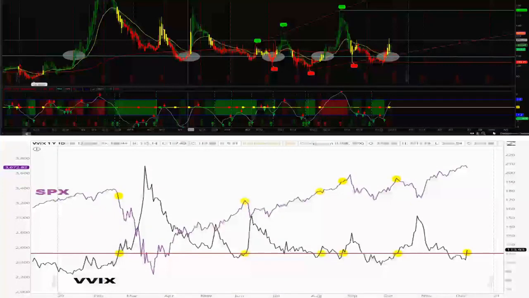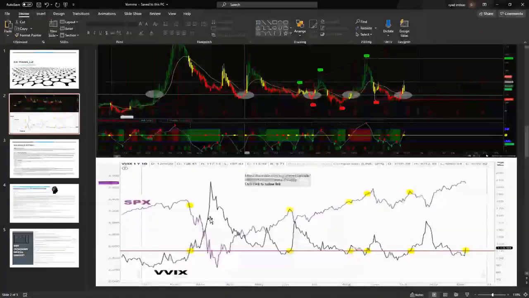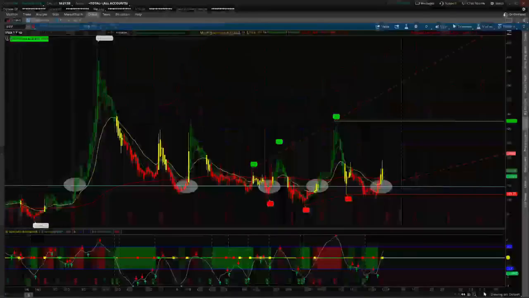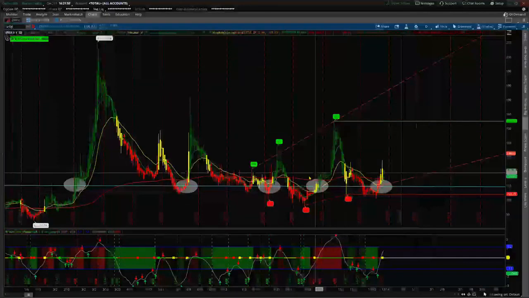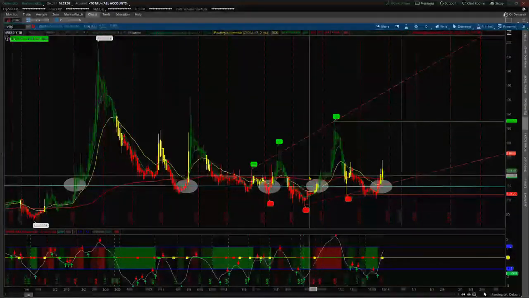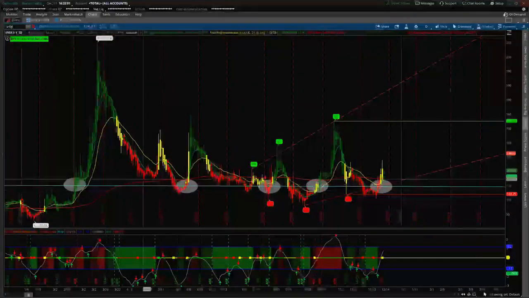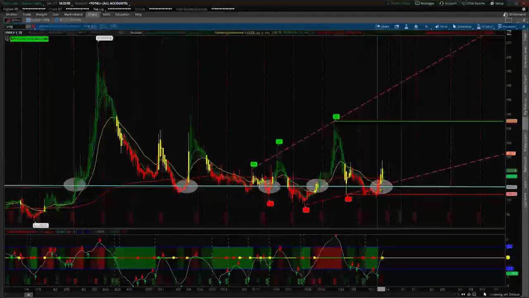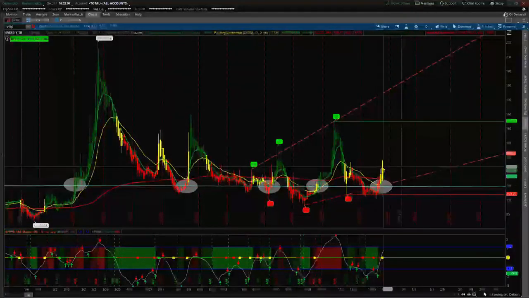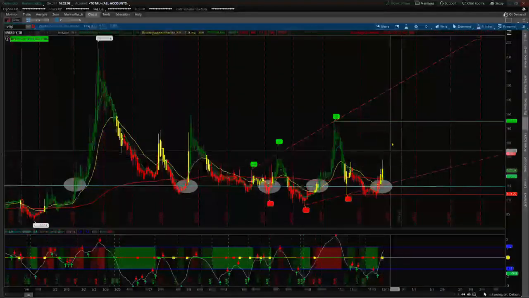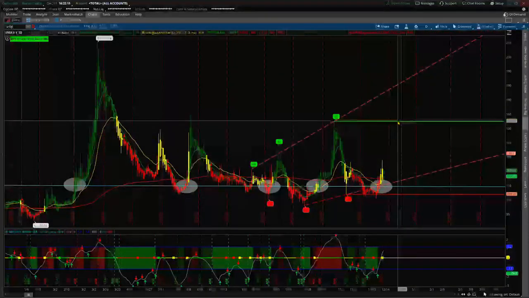So going back to the actual chart for VIX, this is the daily chart, for those of you who just joined. These are the zones I'm watching to see where it's heading. It looks ready to roll upwards to higher points.